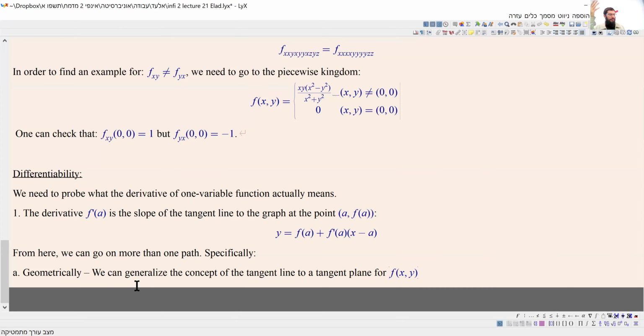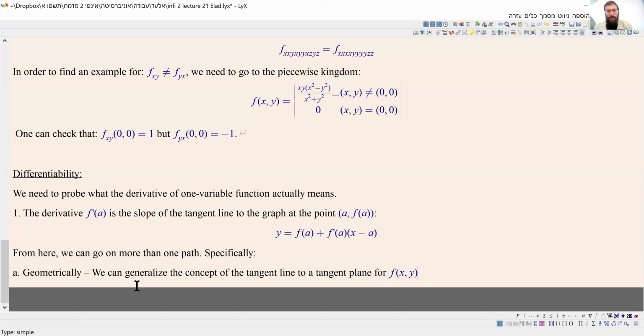Consider, as we've already seen on Sunday, the graphs of functions of two variables are intuitively three-dimensional. So, for example, I can draw a graph of such a function. And if I look at some point here, it's not only one tangent line, many of them. Actually, it is a plane.